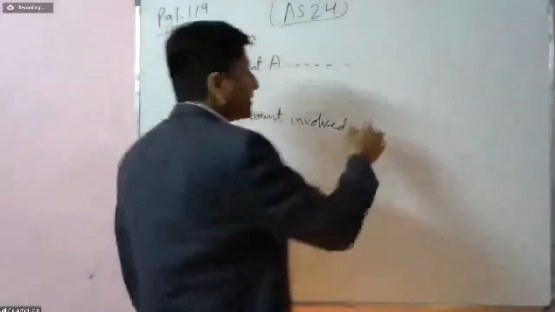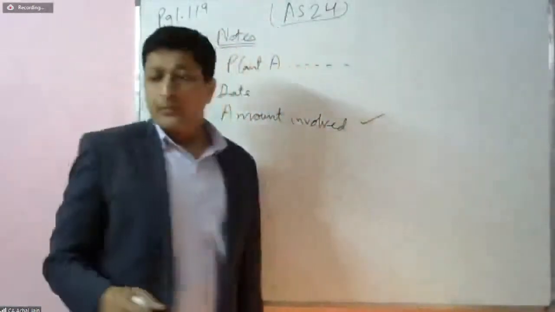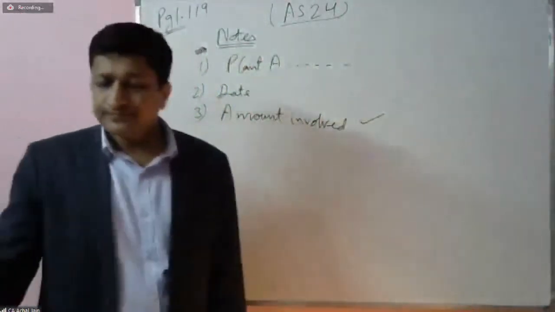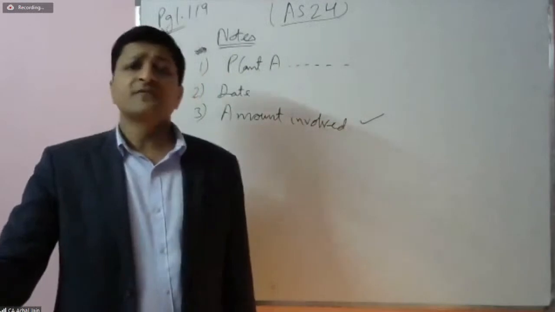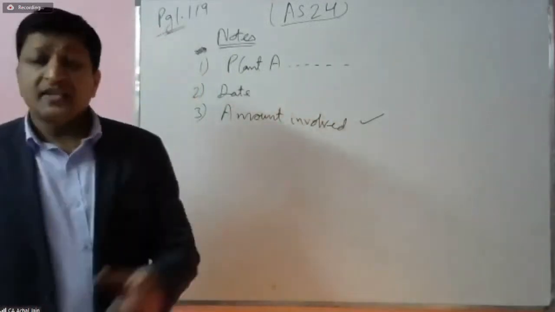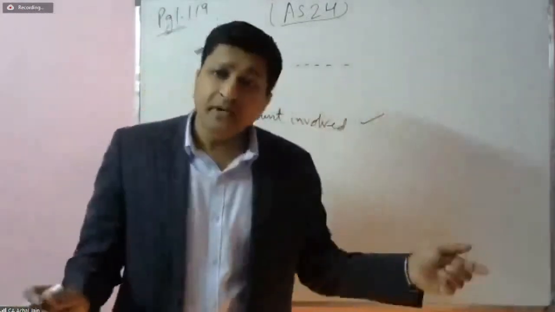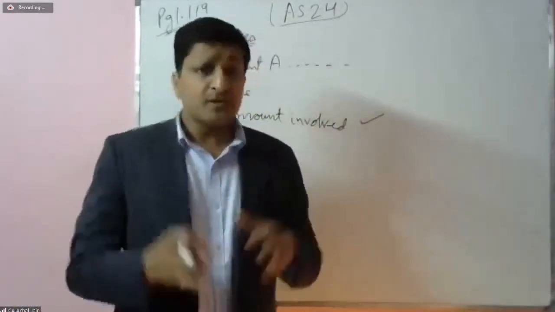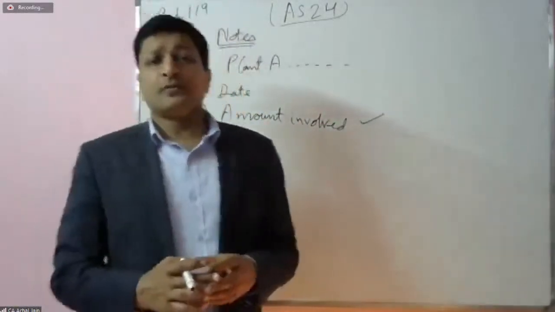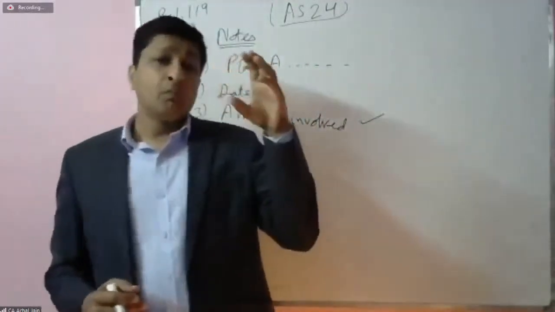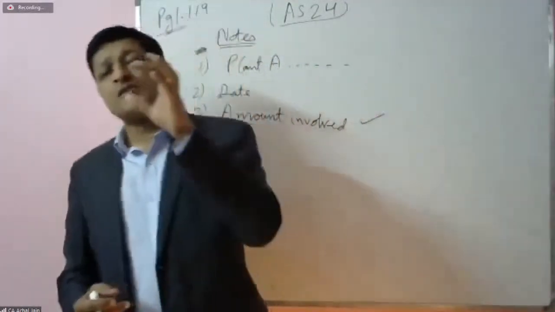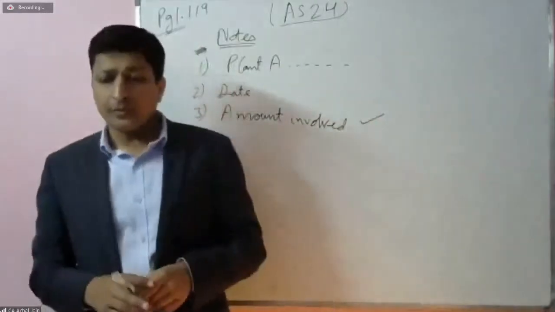All of those amounts will have to be disclosed over here, along with the amount of revenues and expenses which are going to be impacted. This will also have linkage to the statement of P&L, because in the P&L, as we saw, there was a separate presentation of profit or loss generated from the discontinued operation.